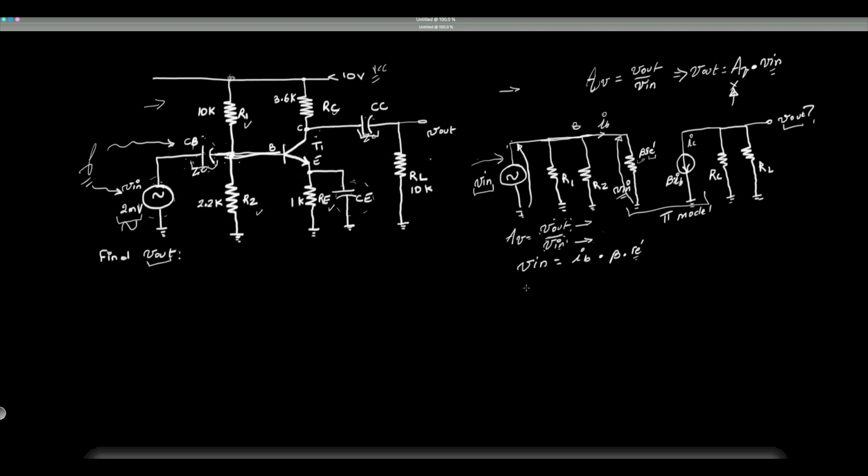How about V out? Can we figure out V out here? All right, so let's look at V out. From here to here is V out. And we also know that we have a current IC, right? IC, going into this current source, right? Or in other words, beta IB, right?